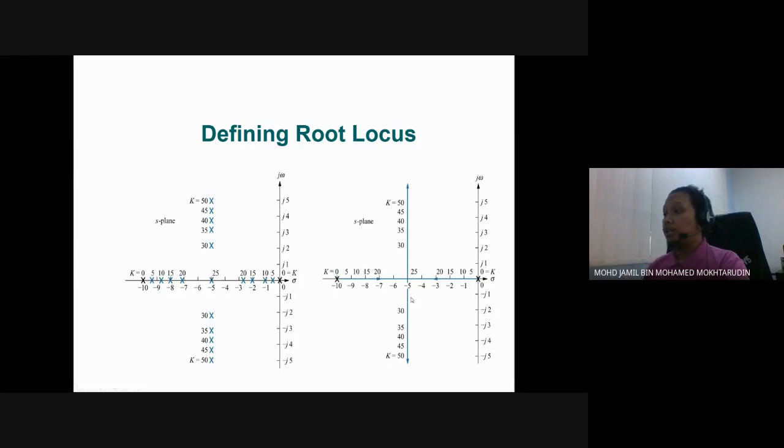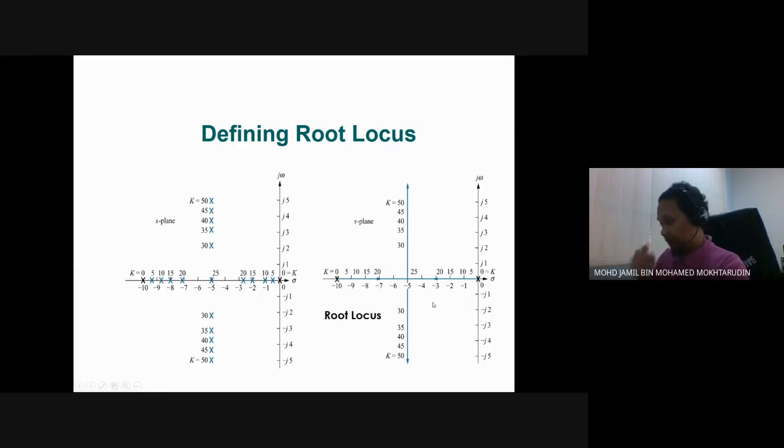Basically for root locus, you find the value of poles for different values of K, sketch the poles on the S-plane, and then connect all the poles using a line, okay? So the cross line here is the root locus, meaning that the root locus represents the poles when you change the value of K.